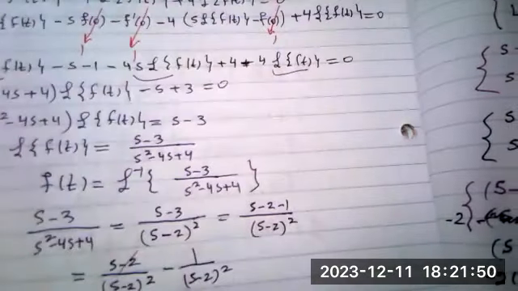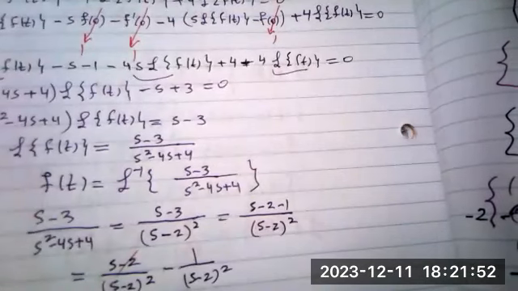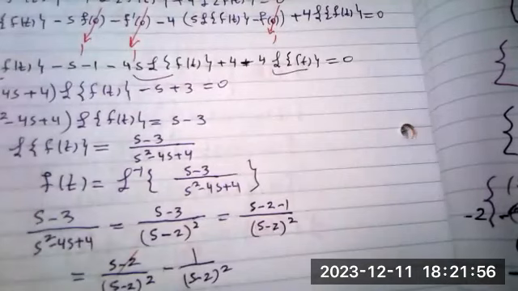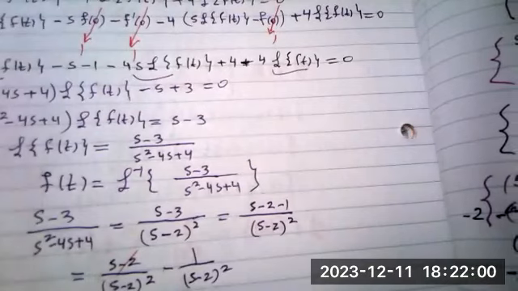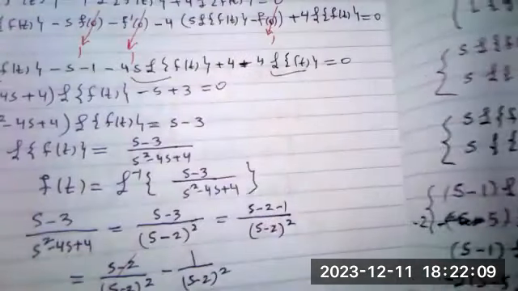So I go to equation number 2, looking at the system: -5 Laplace of f of t plus s plus 1 times Laplace of g of t equal to 2. This is where I put the Laplace of g of t, and this is simply equal to 2.